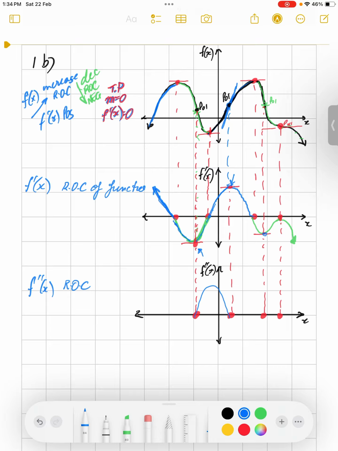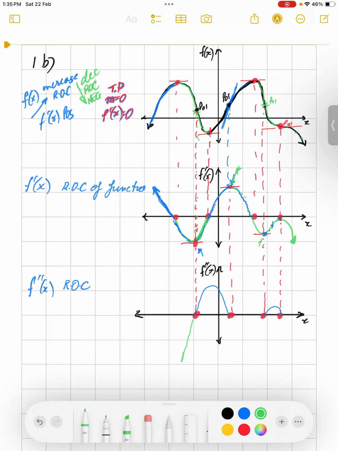And there's another positive gradient between here, and it's steepest there, so it's like a little curve there. And we've got negative slopes all the way down here, between this turning point and this turning point.